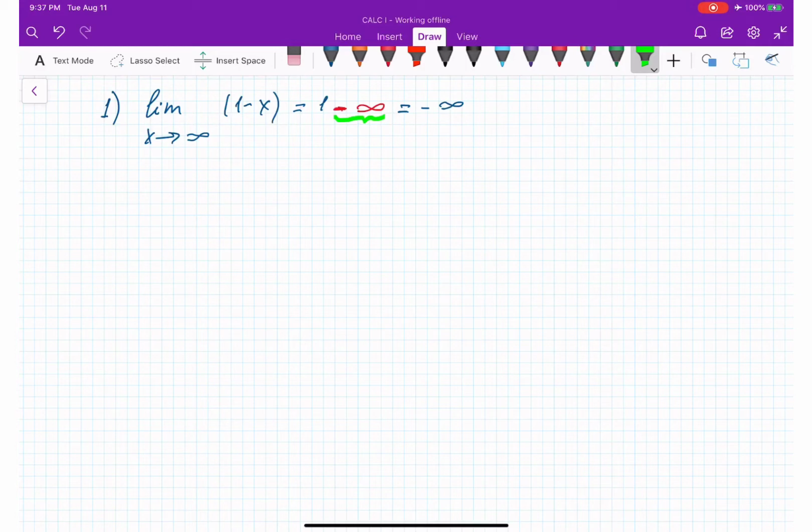Now, to help you understand why it is negative infinity, I'm going to use a very simple, basic way, although it's not the best way to prove it, but for basic understanding, that will work. Let's assume I'm doing some drafting on the side. Let's say x is equal to 10.